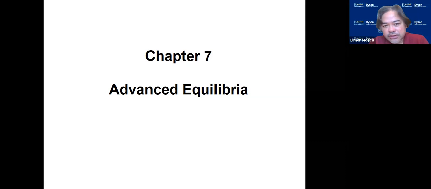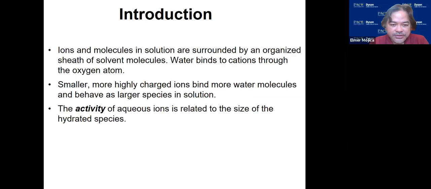And we're going to talk about more details about this concept of equilibrium. Okay, so the thing that we're going to talk about today has to do with this concept of activity.